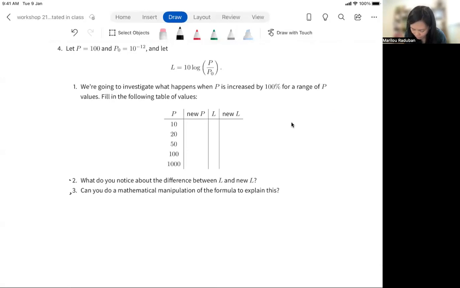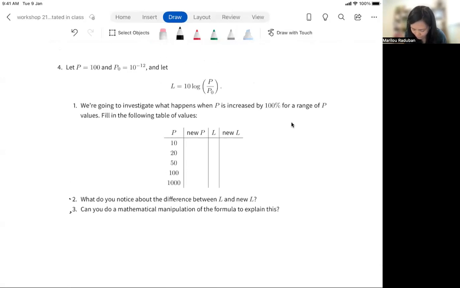So here you have the equation L is equal to 10 times log of P divided by P0, and P0 is given as 10 to the minus 12. So you can write this equation as L equals 10 times log of P divided by 10 exponent negative 12.